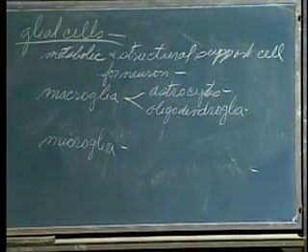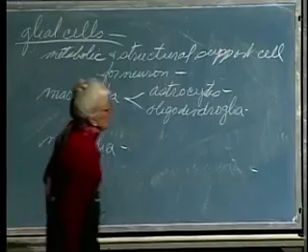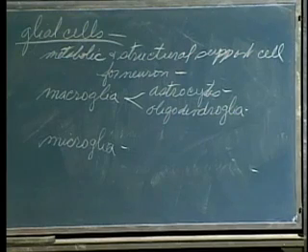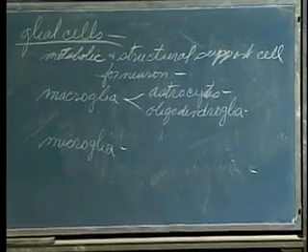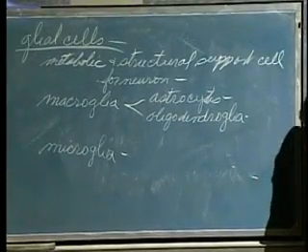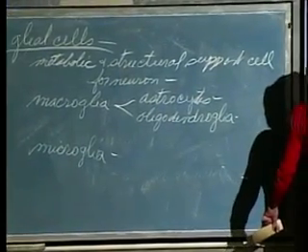Now the macroglia are derived from ectoderm. For those who haven't had any embryology, there are 3 germ layers from which all tissues of the body are derived. And it's interesting when you're trying to find out functions of cells, do they all have the same derivative or are they different? So this is just in embryo.